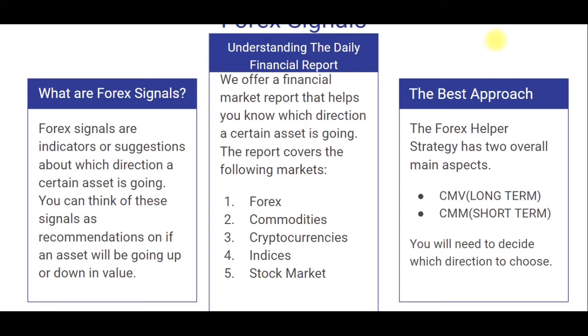Now, I'll give you a basic definition. It is an indicator of which direction a certain asset is going in the financial marketplace. So, in other words, you may have an asset like gold or oil or a Forex currency or a cryptocurrency like Bitcoin, whatever type of asset is placed in the financial market, that asset must be going in a direction.